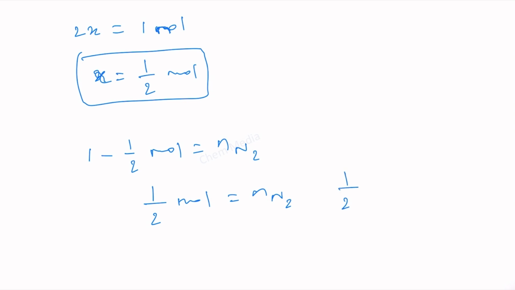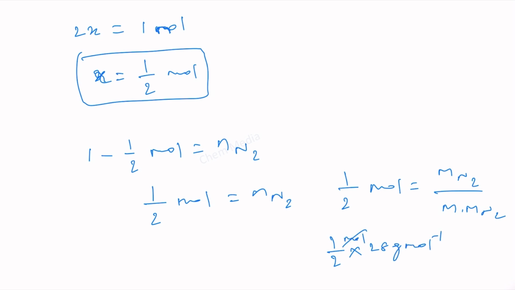Therefore, half a mole is equal to mass of N2 divided by molar mass of N2. Molar mass of N2 is 28 gram per mole. Therefore, 1 by 2 times 28 gram per mole. Here we have mole, so mole per mole will cancel and this will be 14 gram. Therefore, mass of N2 is 14 gram.